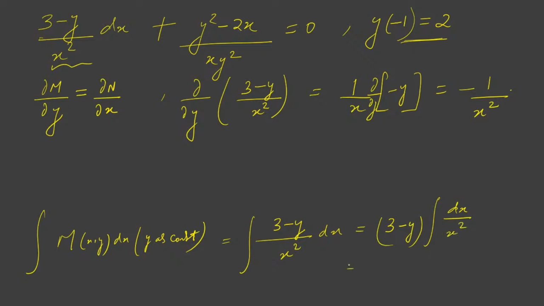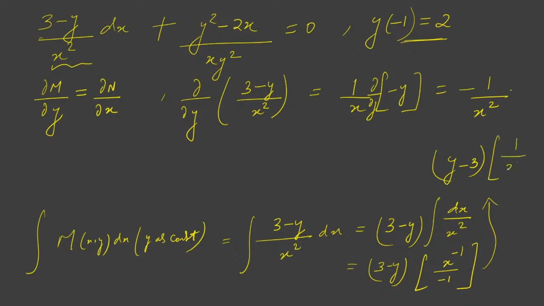So this integration will be 3 minus y, x to the power minus 1 divided by minus 1. So this answer will be y minus 3, I have multiplied the minus symbol, into 1 by x. So this is the integration of this quantity.